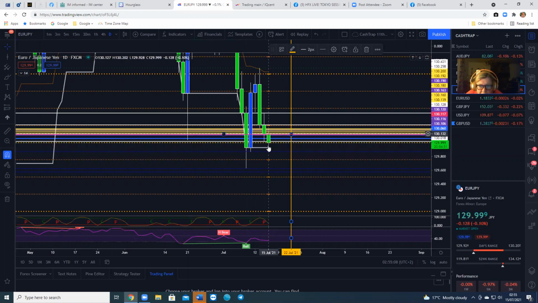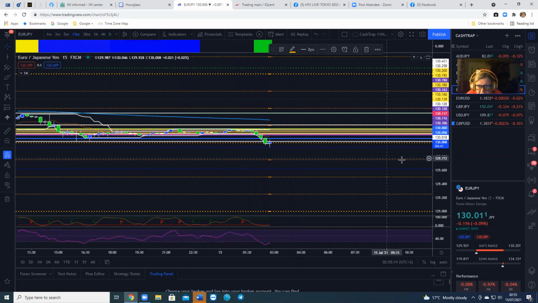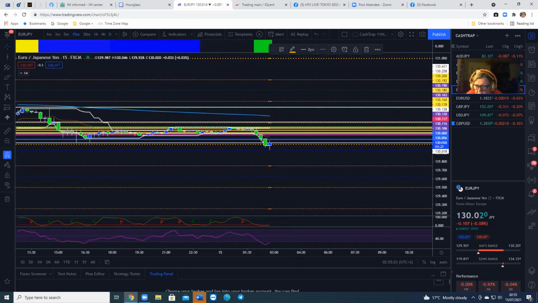This is good if it's just pushing down through that. So we want it to close below this. You want your candles closing below there.